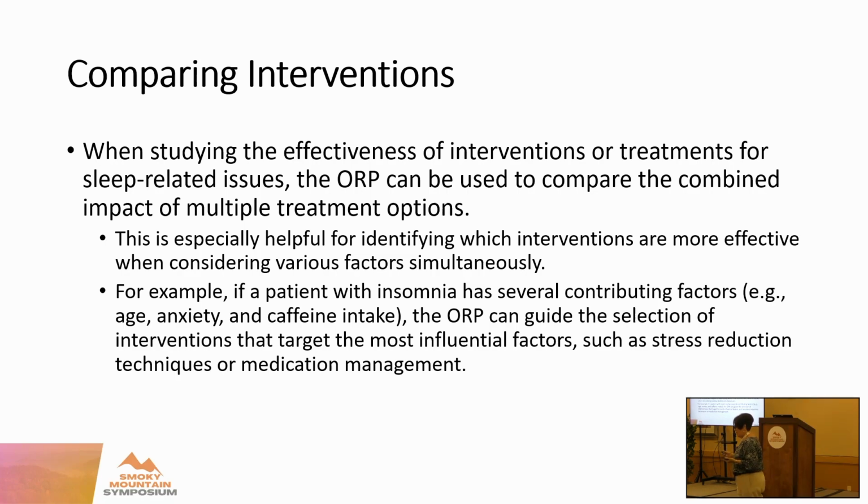And so that's where that cognitive behavioral therapy really comes in. Age, anxiety, caffeine intake. The ORP can guide the selection of interventions that target the most influential factors such as stress reduction techniques or medication management. And again, insomnia, it's so subjective, right?